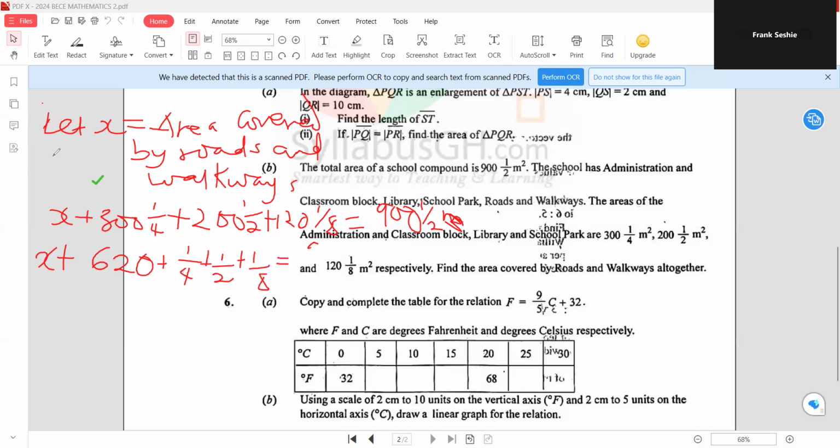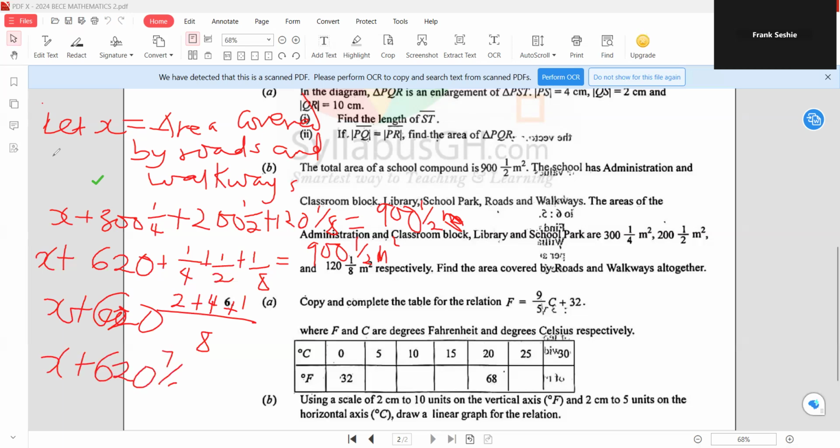And that should all give me 900 and a half meters squared. 8, 2 into 8 is 4, 4 times 1 is 4, 8 into 8 is 1, 1, 1 is 1. So I have X plus 620 7/8, and that is giving me 900 and a half meters squared.